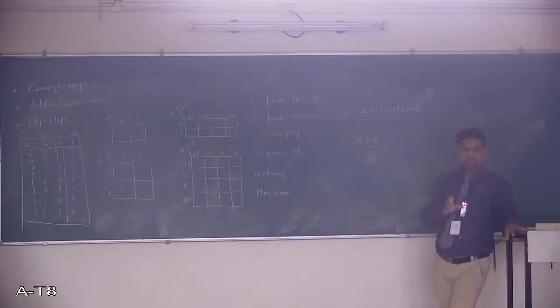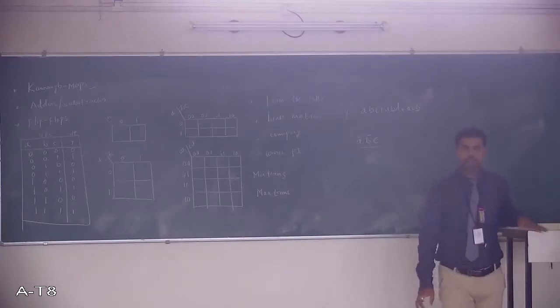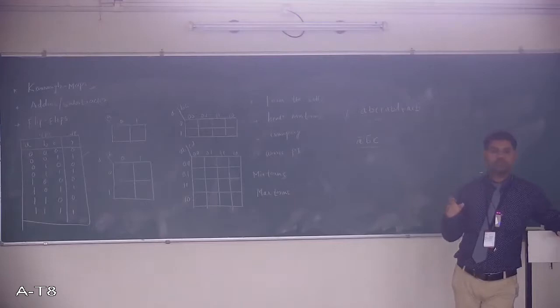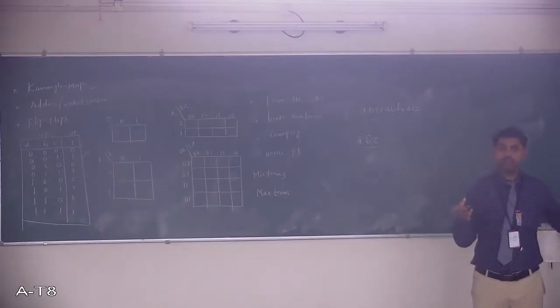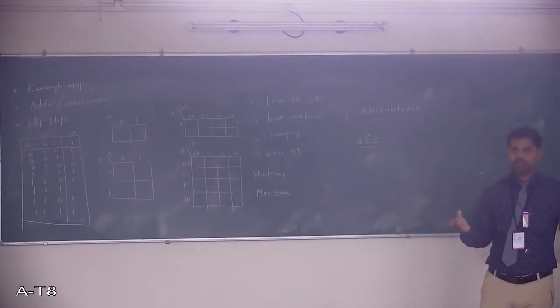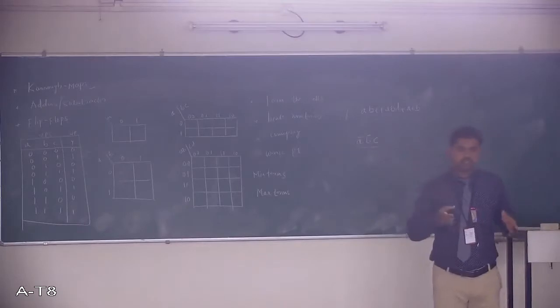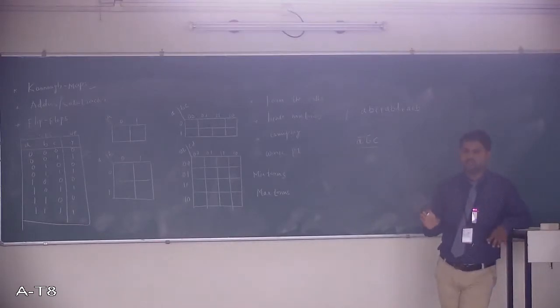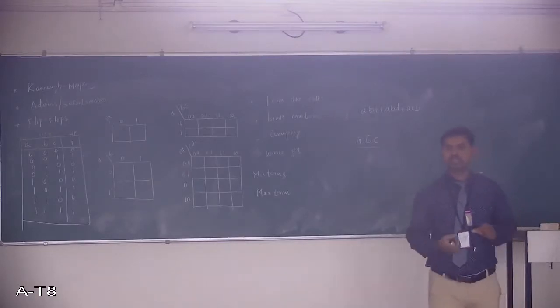Here the steps are very simple. First you need to draw the number of cells, and the number of cells is totally based on the number of input variables. You will be given either a truth table or a certain expression. Looking at that, I can decide how many input variables.